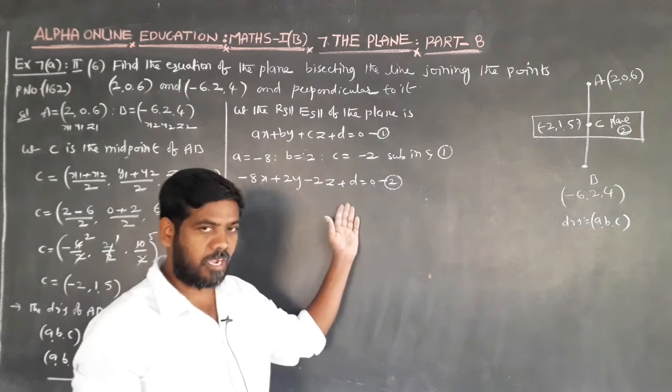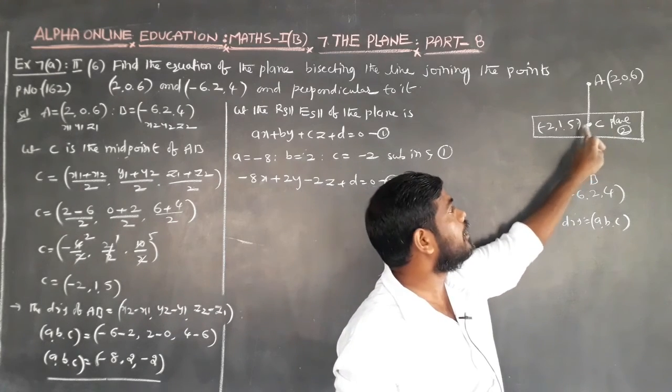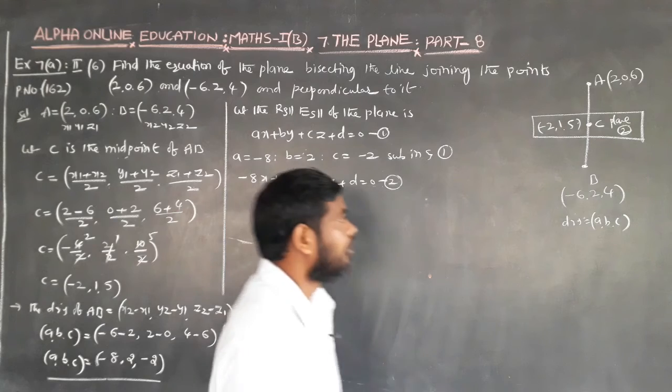Now find the value of d. Observe, the midpoint C, minus 2, 1, 5, lies on the plane.